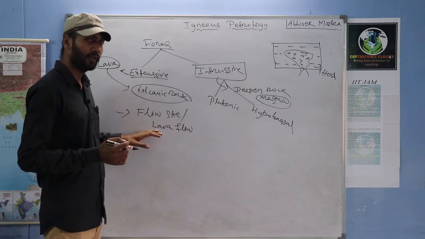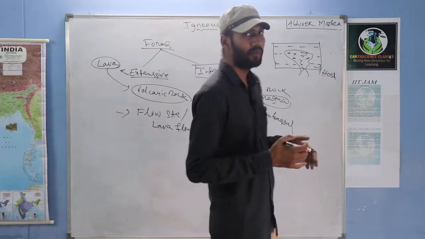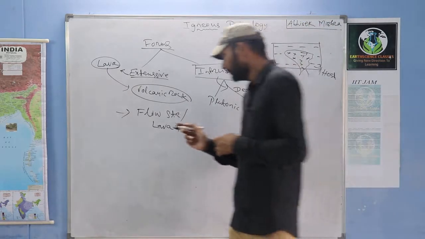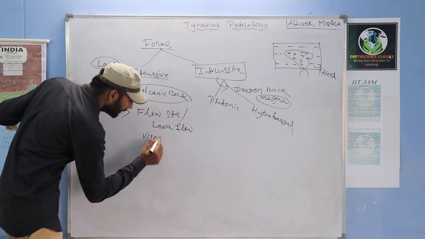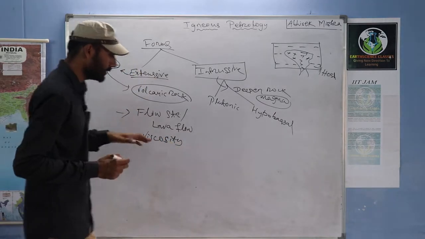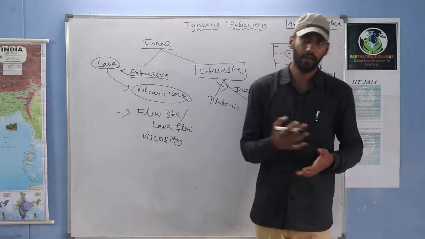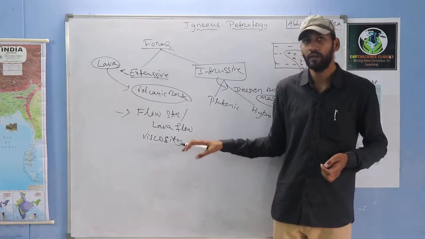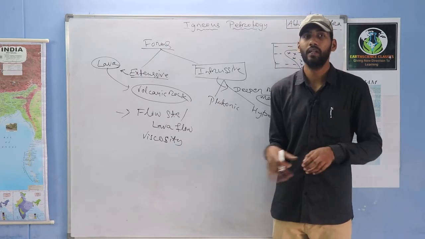Why is this flowing? Whenever we talk about the flowing nature of a fluid, which property comes to our mind? Viscosity. So what do you mean by viscosity? Viscosity is the property of the liquid. It is not the property of the medium or of the host rock. It is the property of the magma, the lava, the fluid we are talking about.